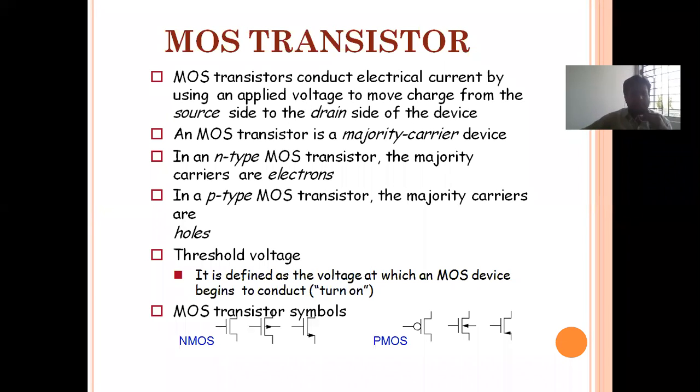What are the names of the terminals of the MOS transistor? Gate, source, drain, and the fourth one, the substrate, or body terminal. The body is always connected with the source terminal, at zero potential or zero voltage.